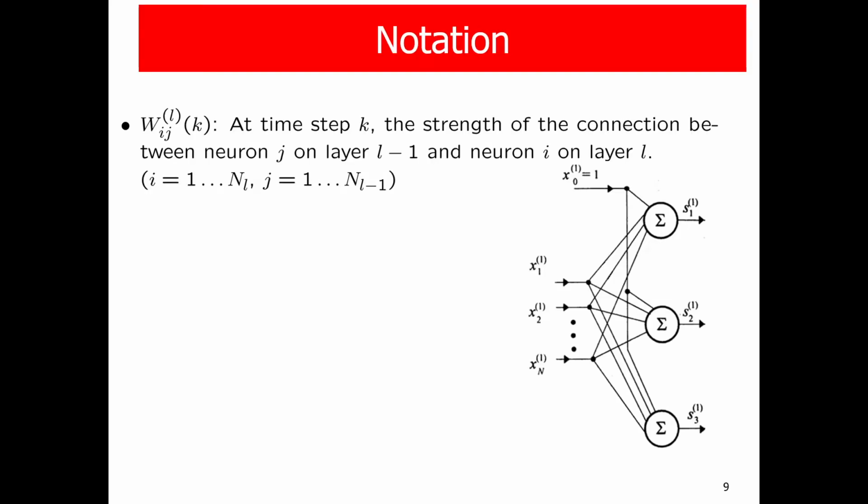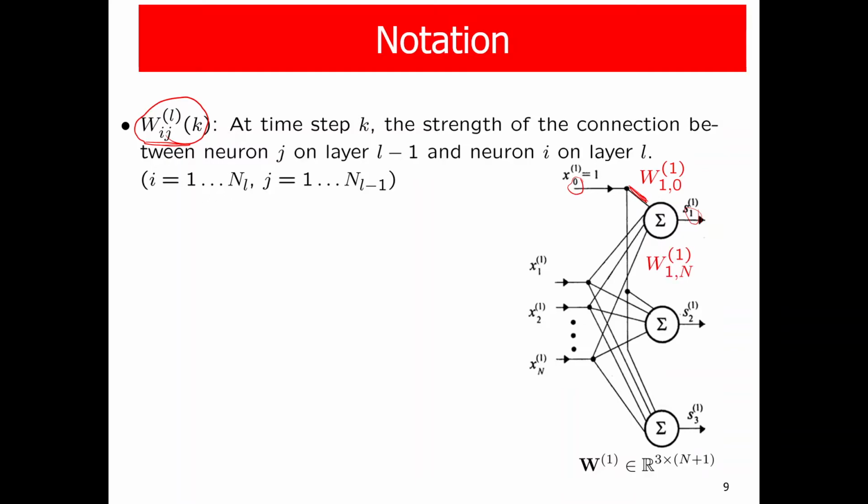Matrix W will denote the weight parameters of the neural network. In particular, at time step k of the gradient descent method, the strength of the connection between neuron J on layer L-1 and neuron I on layer L is denoted by WLIJK. For example, on the first layer, this connection between input 0 and neuron 1 is denoted by W110.